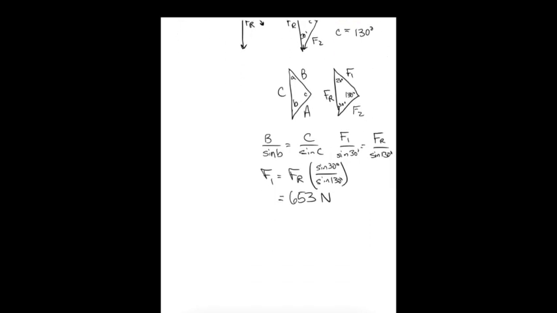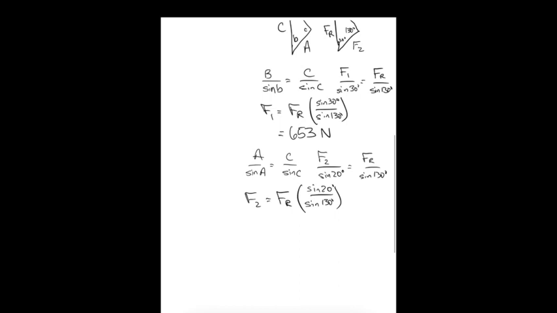Next we would have solved for F2. Well, again, come back to our information. a over sine A is equal to c over sine C. In other words, F2 over sine of 20 is equal to FR over sine of 130.